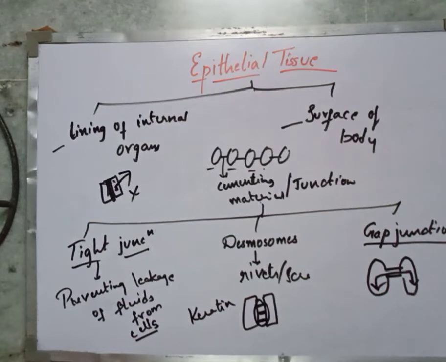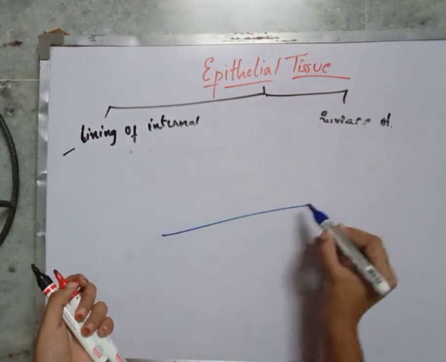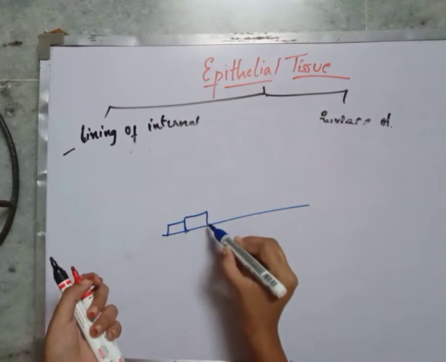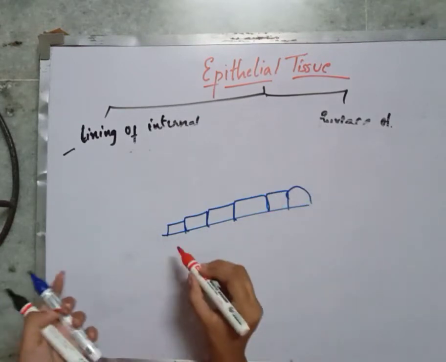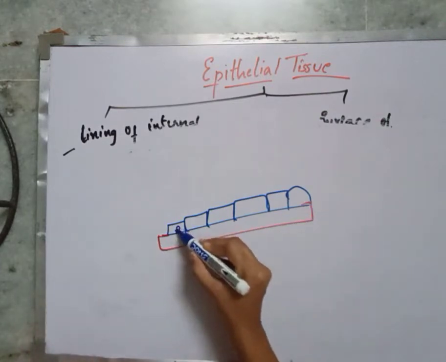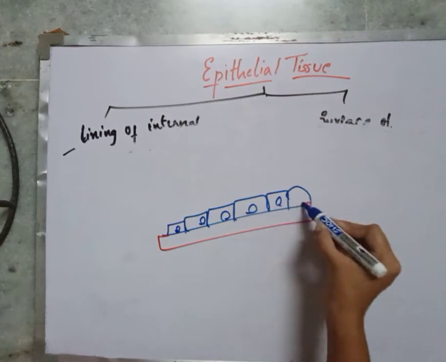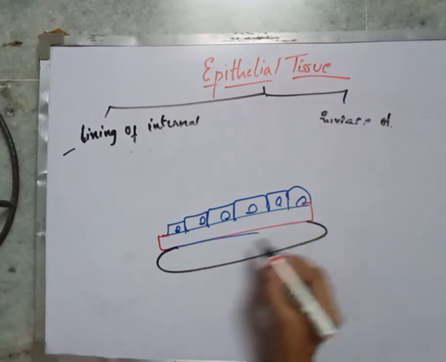If we take the structure of epithelial tissue, suppose this is an epithelial tissue and this is a basement membrane. The epithelial cells lie above the basal membrane, and below it is an underlying tissue.